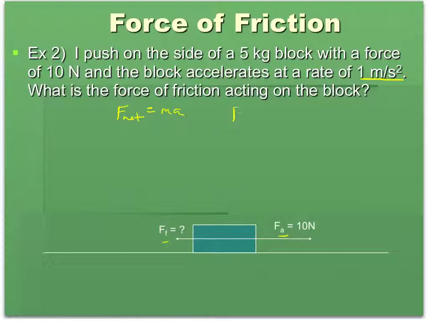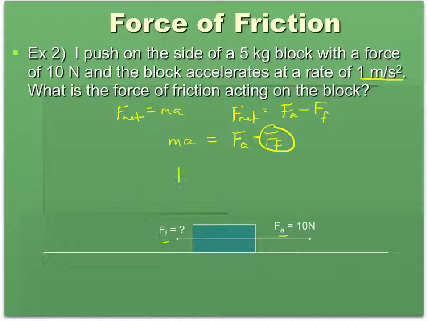And so we can write another equation for F net, taking the larger applied force and subtracting the frictional force. When I set these two things equal to each other, I have ma is equal to the applied force minus the frictional force. And remember, I'm solving for my frictional force here.